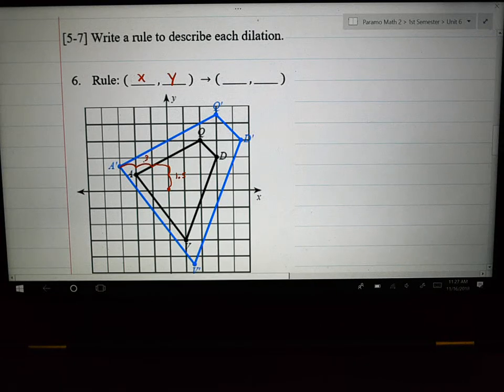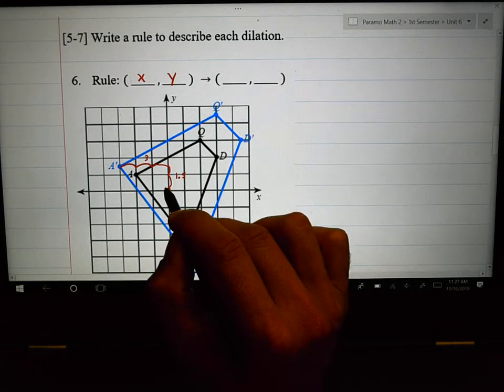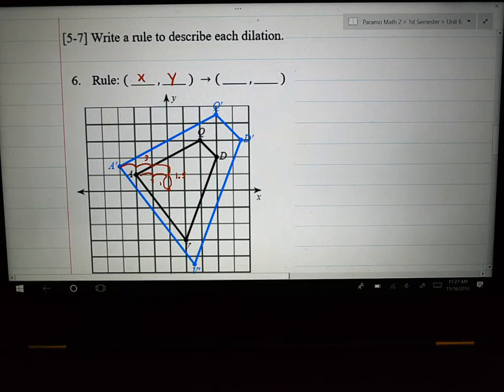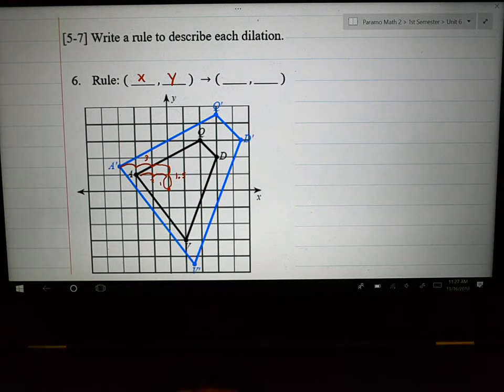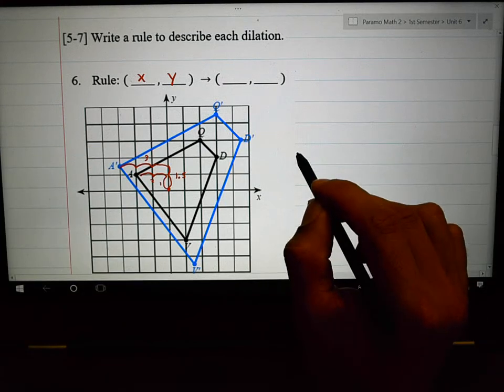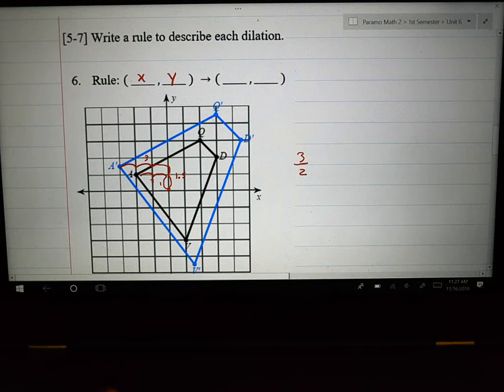Now I'm going to see what I did to go to A. I went up 1 and over 2. All I have to do is compare either the vertical or the horizontal or both. I'm going to compare the horizontal. Image compares to pre-image.